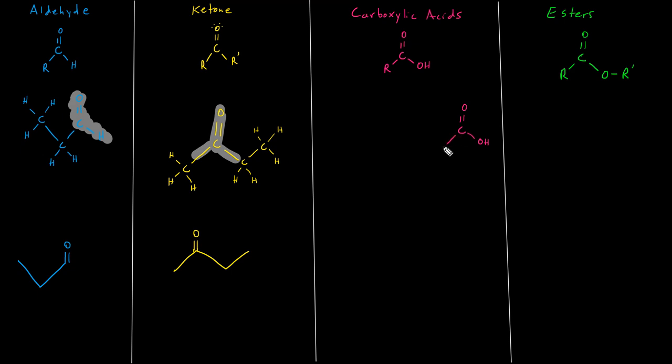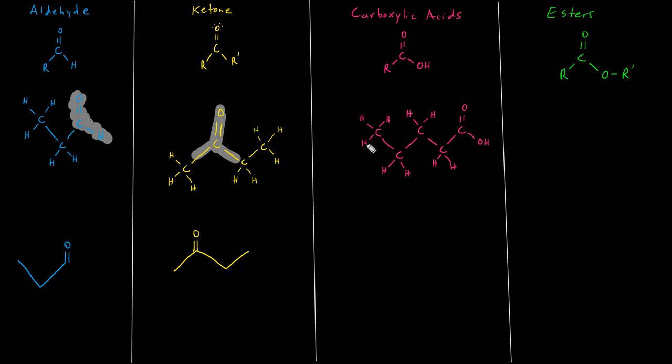And then we'll have 1, 2, 3, 4, 5 carbons in total, with each of these carbons needing 4 bonds, so everything that's left over is going to be hydrogens. So this will be the Lewis structure, or the displayed formula, should I say, for what we call pentanoic acid, the carboxylic acid with 5 carbons.